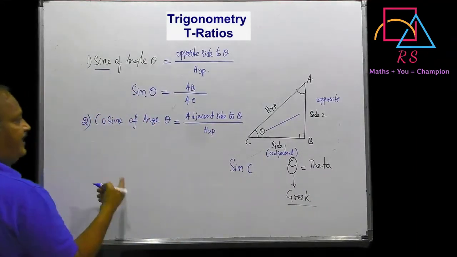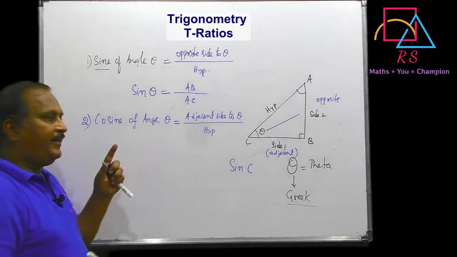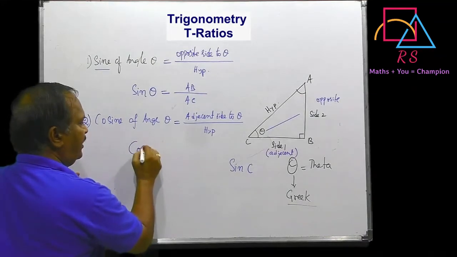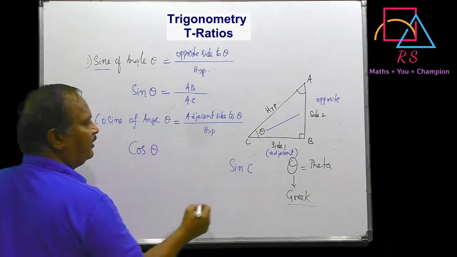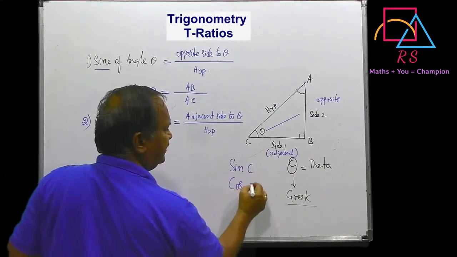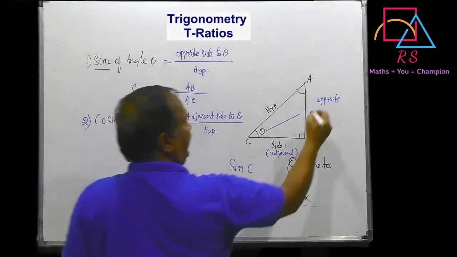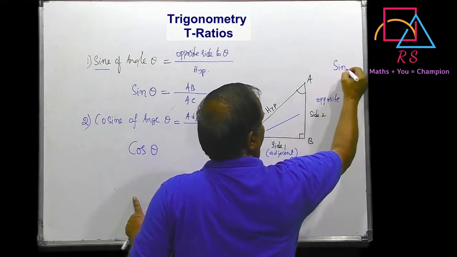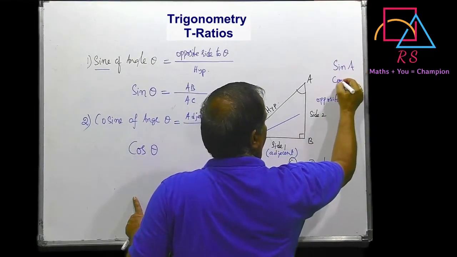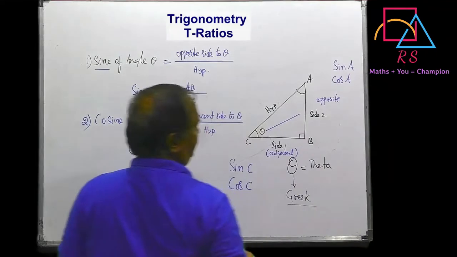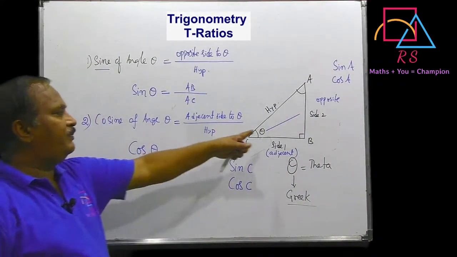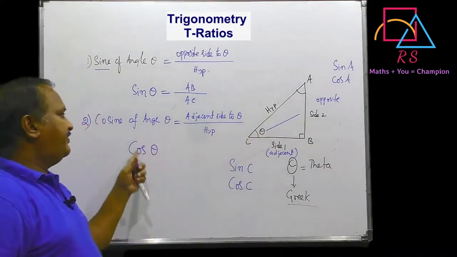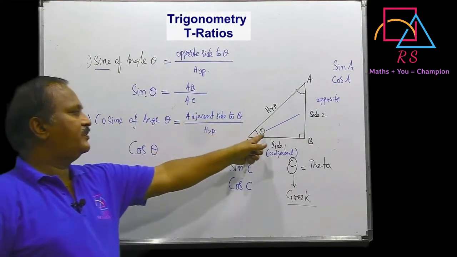So now let us write in short. Cosine we write as cos. Cos theta, or you can write cos C also. You can write sin A also, you can write cos A also. Any one is okay, because I am using theta here. I am defining the ratios with respect to theta.